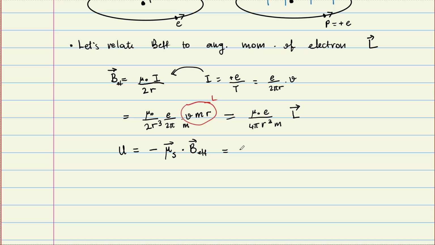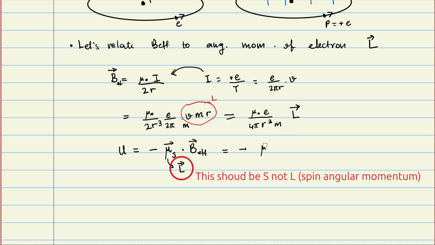And this is going to be minus, there are two mu zeros, but one is permeability, the other is magnetic moment, and the magnetic moment is related to L. From here, there will be a proportionality constant, but let's not worry about that. It is going to be of the form some constant times L dot S.